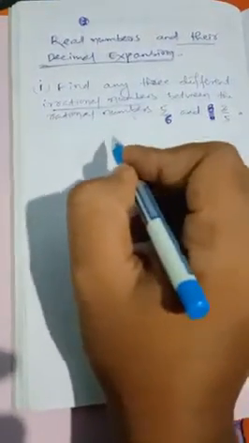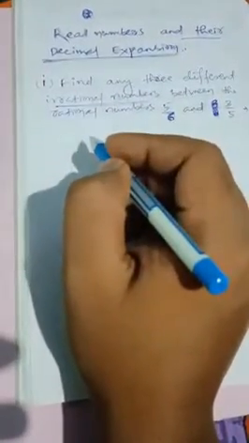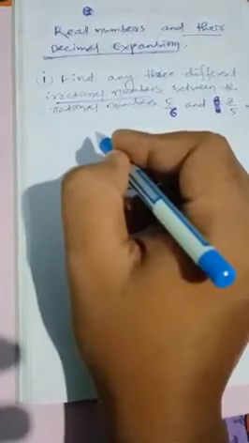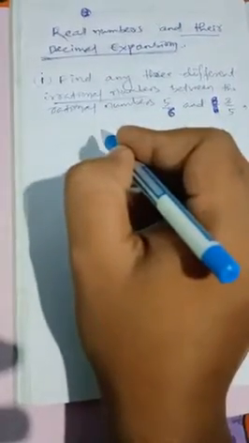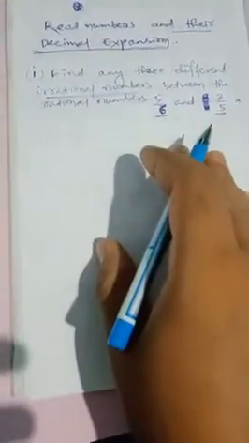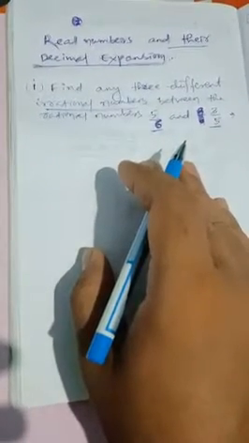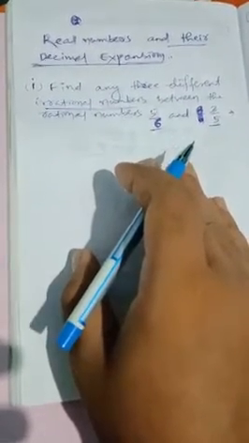So now, what should we have to do? We have to find the decimal expansion. At first we have to find the decimal expansion of 5 by 6 and 3 by 5, because we know that the decimal expansion of irrational numbers are non-terminating and non-recurring.